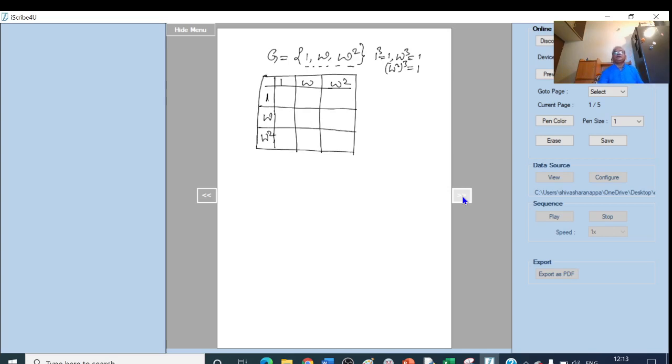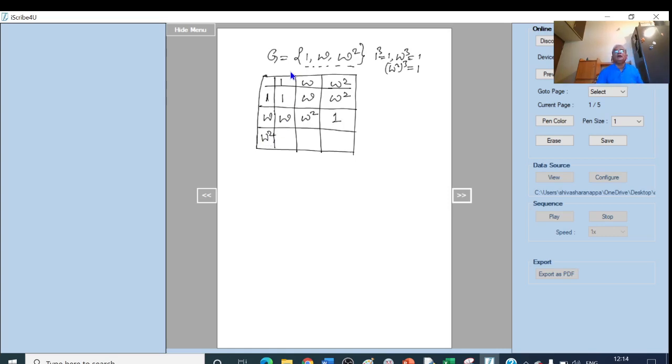Now take the multiplication. 1 into 1 is 1, 1 into omega is omega, 1 into omega square is omega square. Next, omega into 1 is omega, omega into omega is omega square, omega into omega square is omega cube, but omega cube is equal to 1.